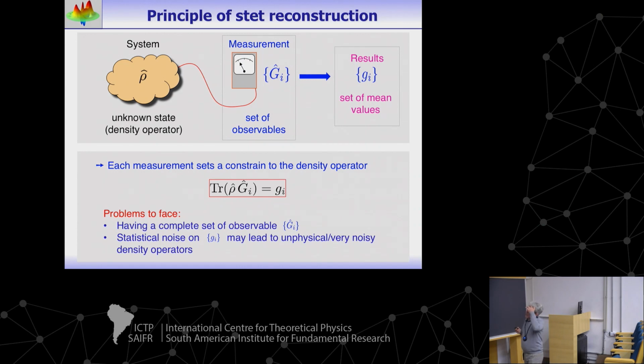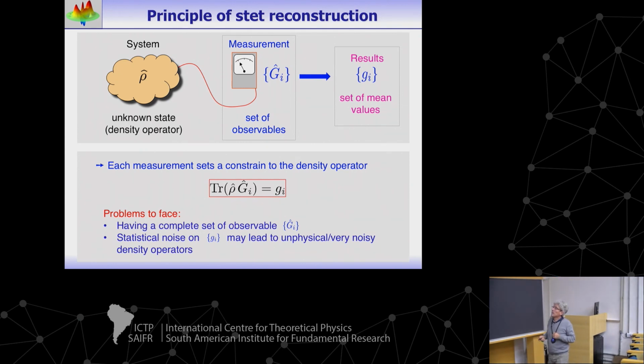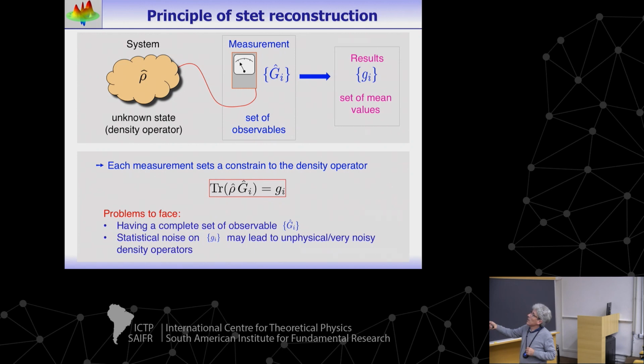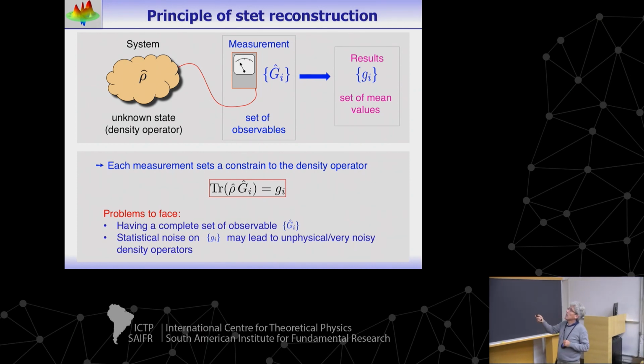Indeed, you can see that each measurement gives you some constraint on the density operator. For example, the probability to find the result Gi, where Gi is a projector corresponding to measurement result i in measurement G. So you can calculate the probability of the result of this measurement as a function of the density operator.